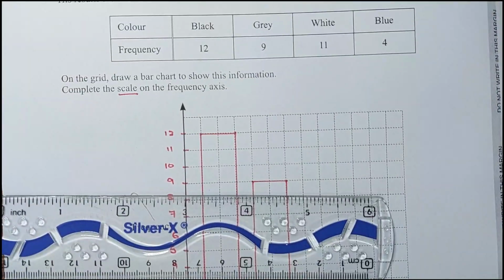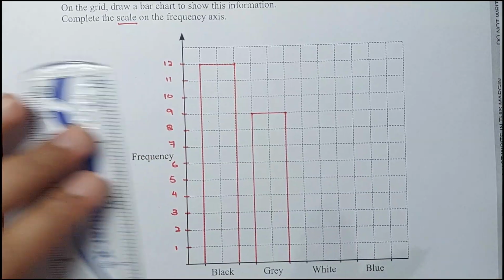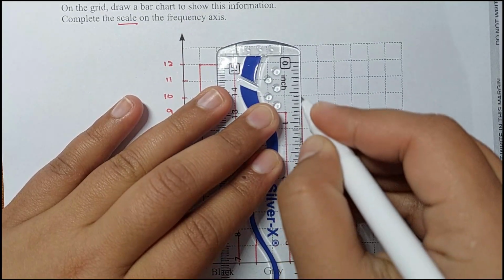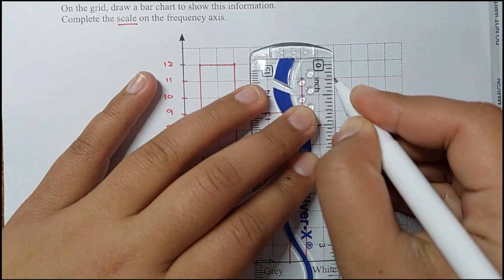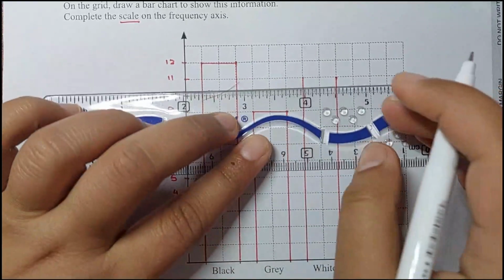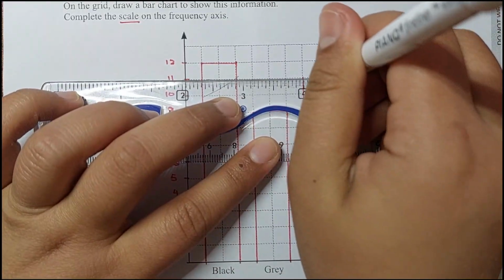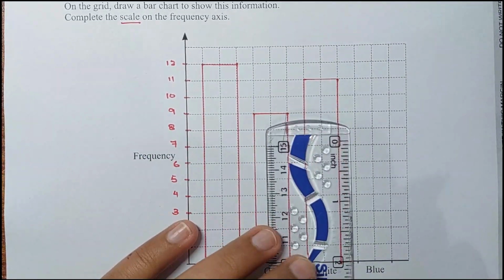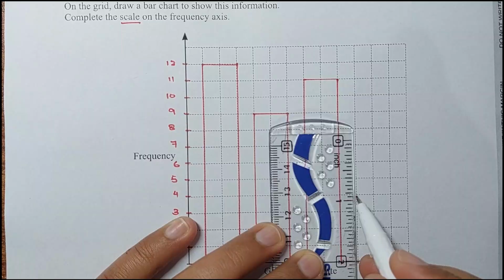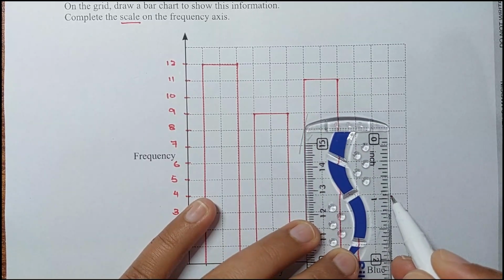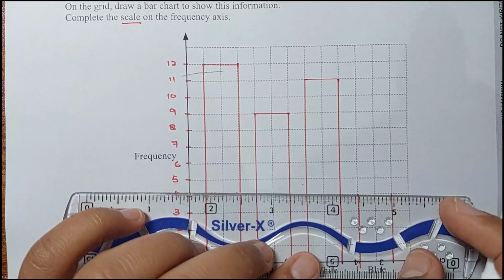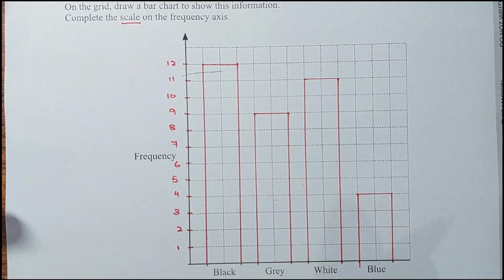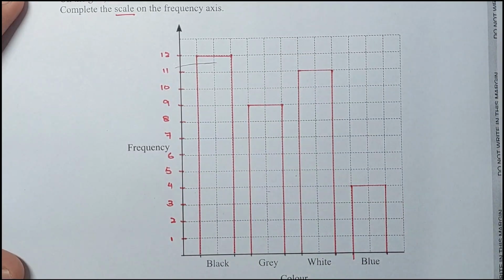White will be 11. And the blue is 4. So this is how the bar chart looks like.